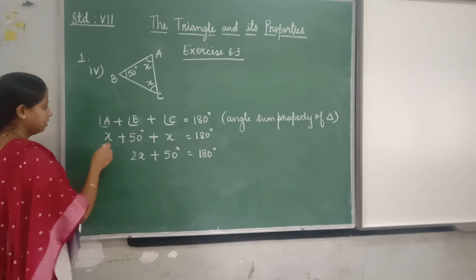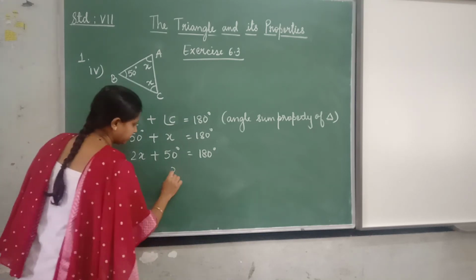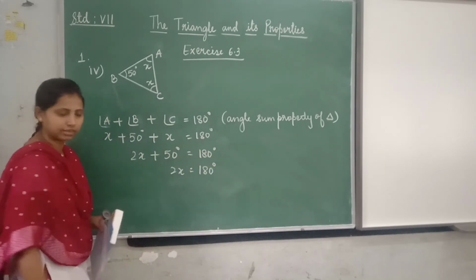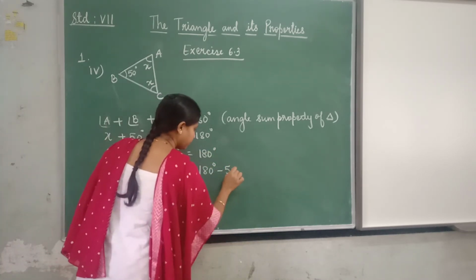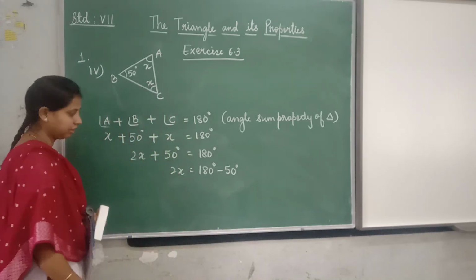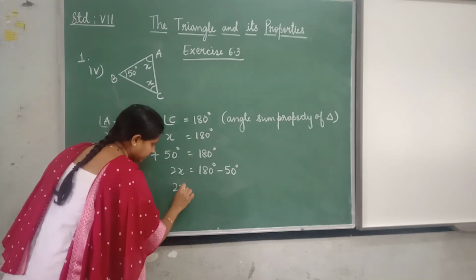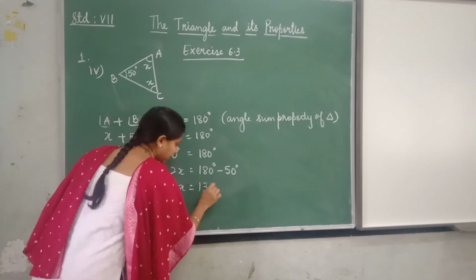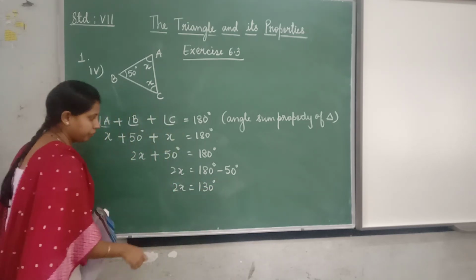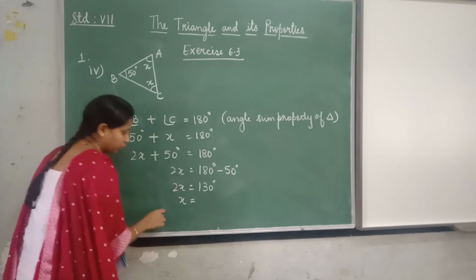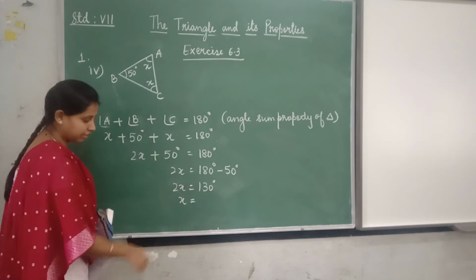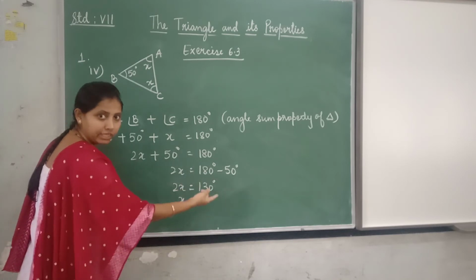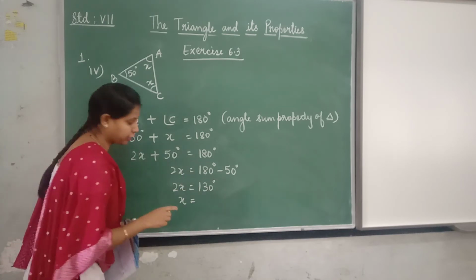So now 2x is equal to 180 degrees, and 50 degrees I will take to the other side. It will become minus 50 degrees. So 2x is equal to 180 minus 50, which is 130 degrees. So x is equal to, now we want to find only the value of x, so 2 will go to the other side. When it changes side, multiplication becomes division.